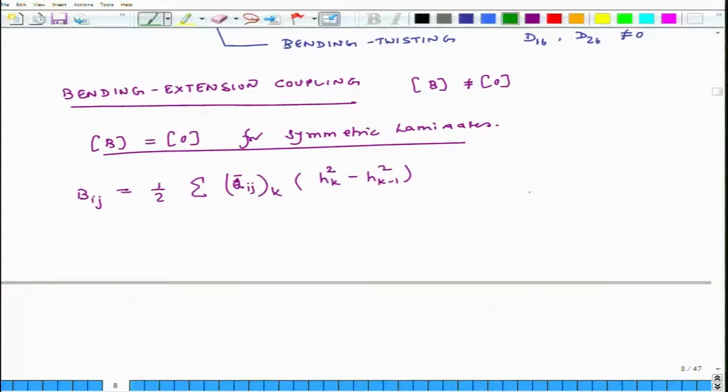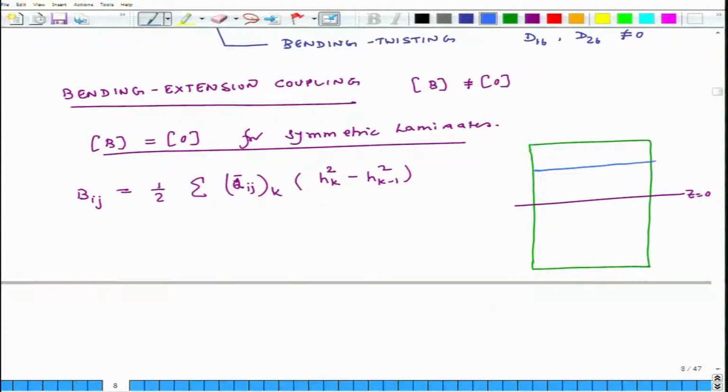Now, consider a laminate. Let us say this is my mid plane. So, Z is equal to 0, and let us say there are two layers. There is one layer and there is another layer. Both these layers are equidistant from the center, which is Z is equal to 0.